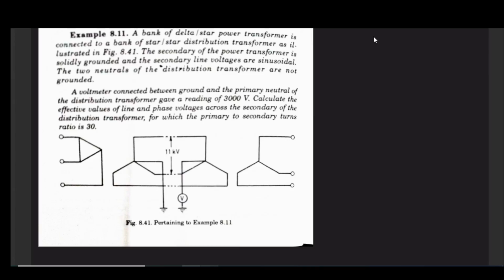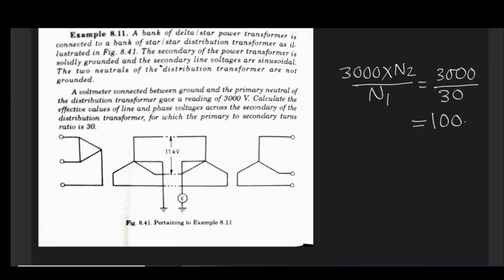So the third harmonic voltage component in the secondary phase winding will be how much, so this is 100, right?